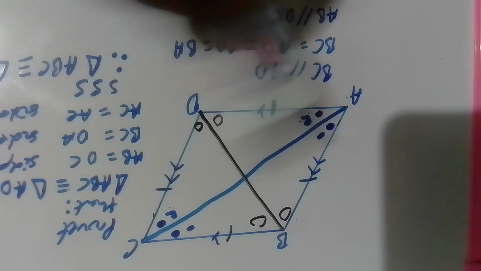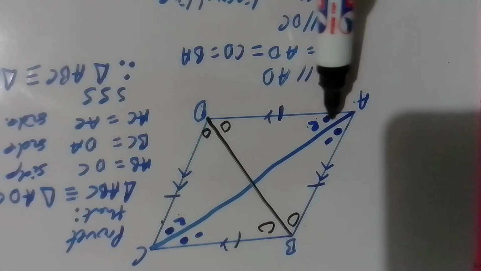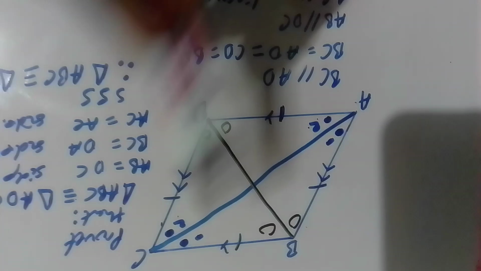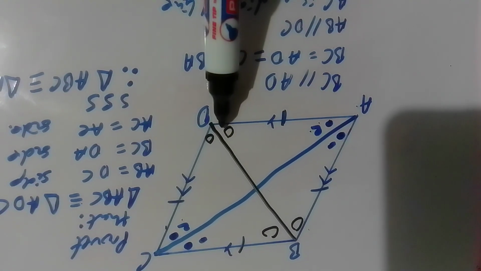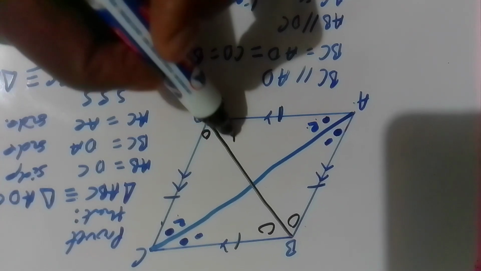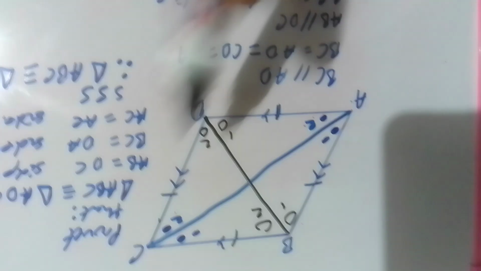ADC. These two triangles are equal, because if we bisected this and we showed the same coloring, it means that angle A is equal to angle C and DA. Observe, angle D, let's call it D1, D2, B1, B2.